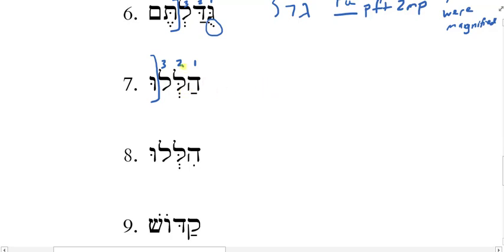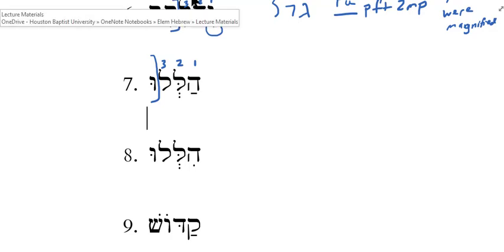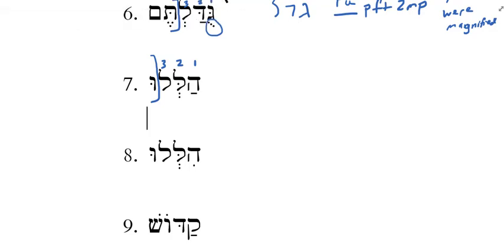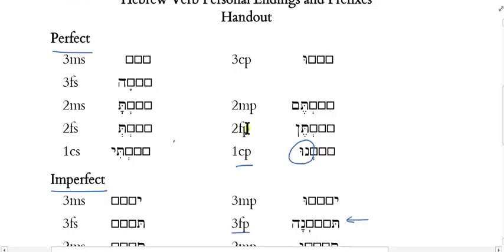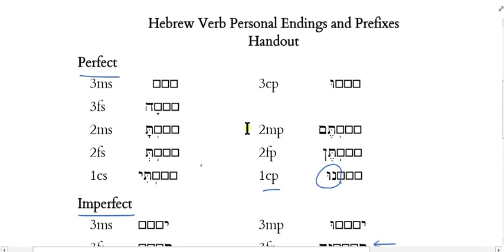Actually, here, pull up your inflectional prefixes and suffixes handout, the one with the 3 boxes for all the forms, and let's just see, where do we find shurik? Okay, so in the perfect conjugation, if there's a shurik as a personal ending, where is it?